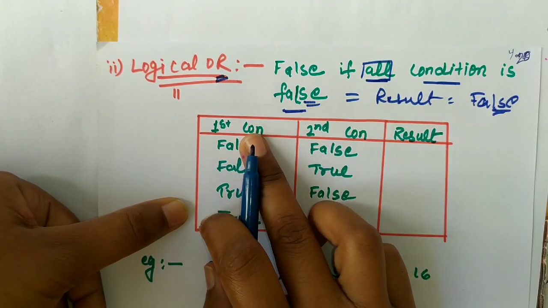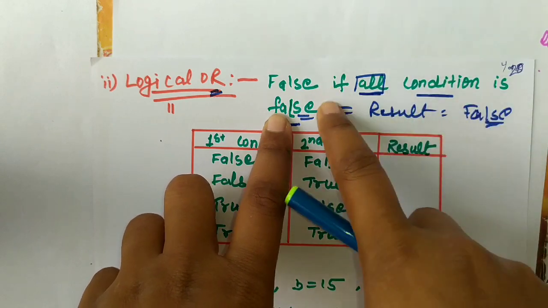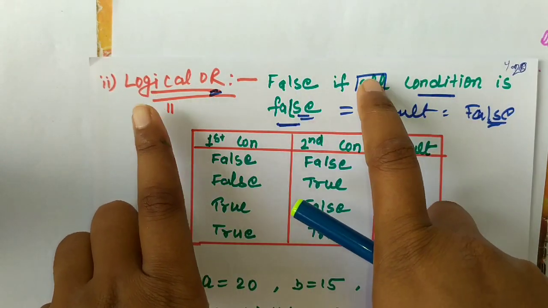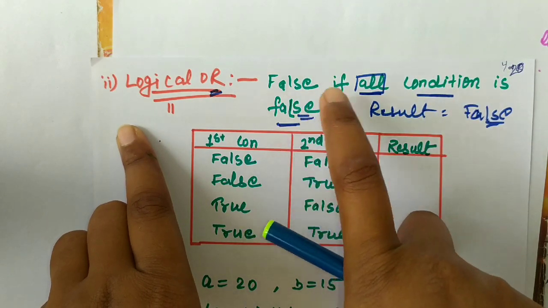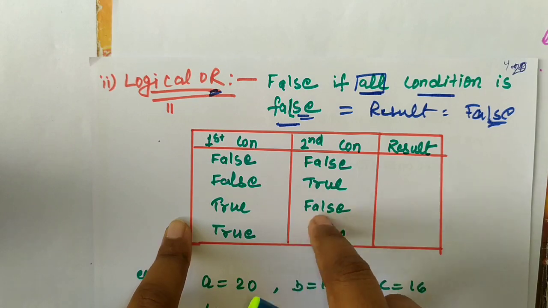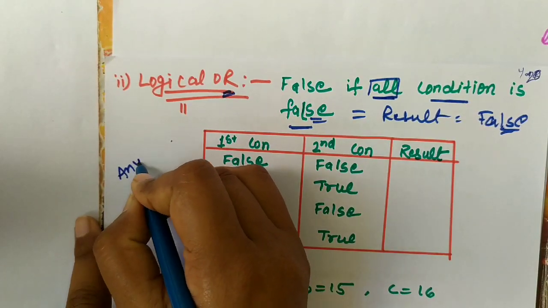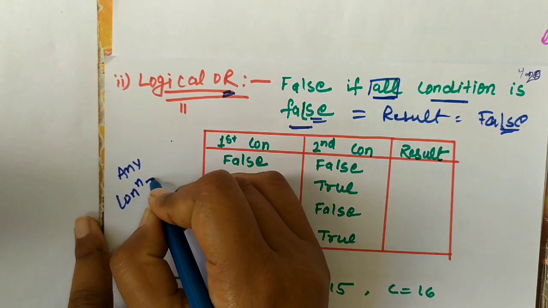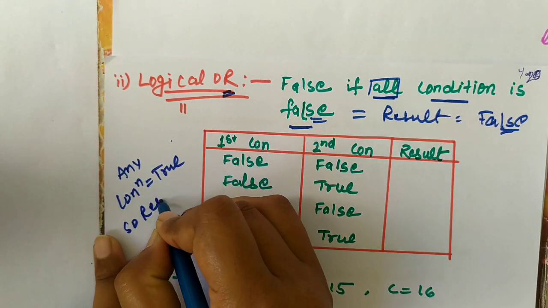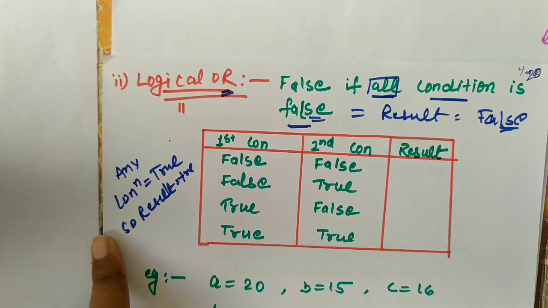In the logical AND, if both conditions are true, the result is true. But in the logical OR, if all conditions are false, the result is false. That means if any condition is true, the result is true.